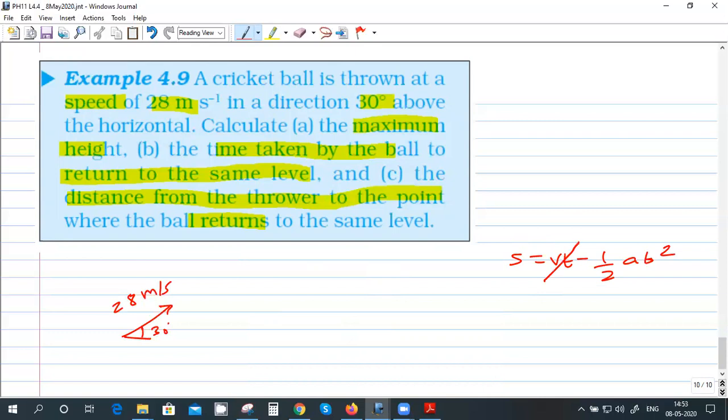At the maximum height point, velocity is 0. Acceleration is known, and if I know the time taken to go from ground to the maximum height, I can find H, right?